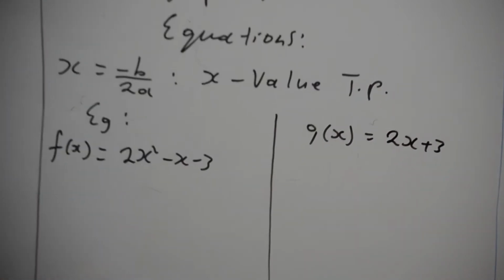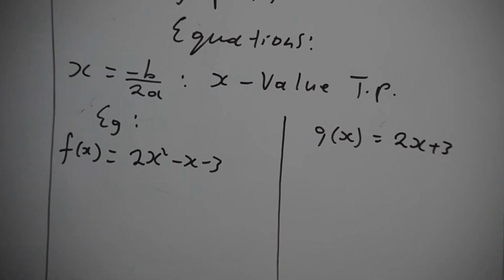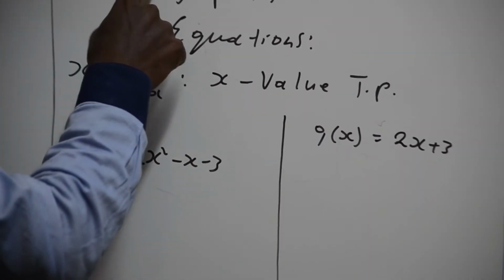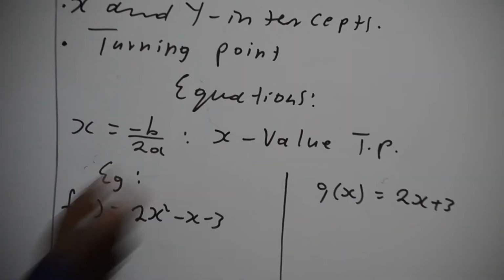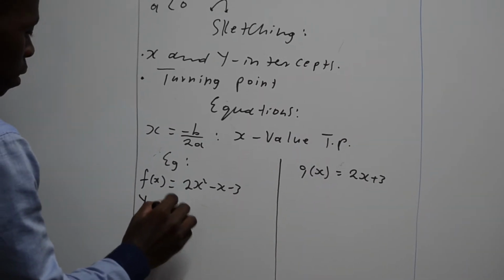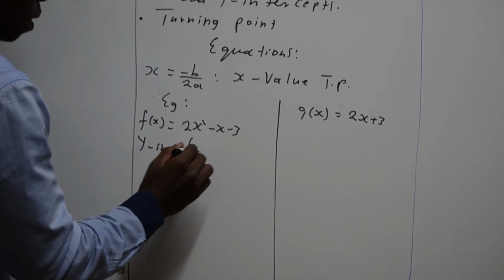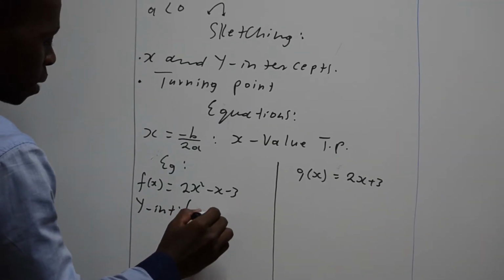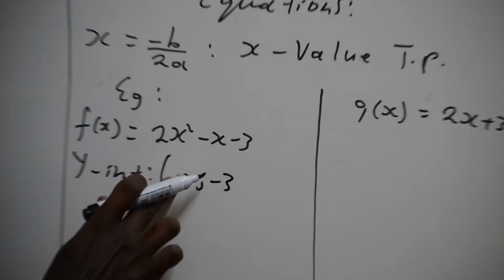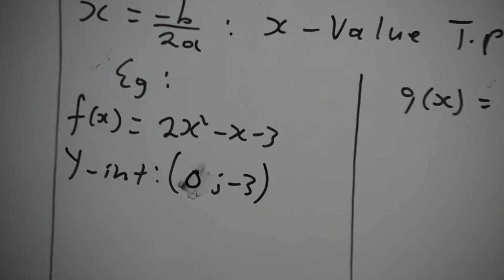I just took an equation. So what happens, we know we need x and y intercept and turning point with sketching. So y intercept yako is izolingana no minus 3, because x weight y intercept goes 0. So as a point we have 0 is to minus 3.